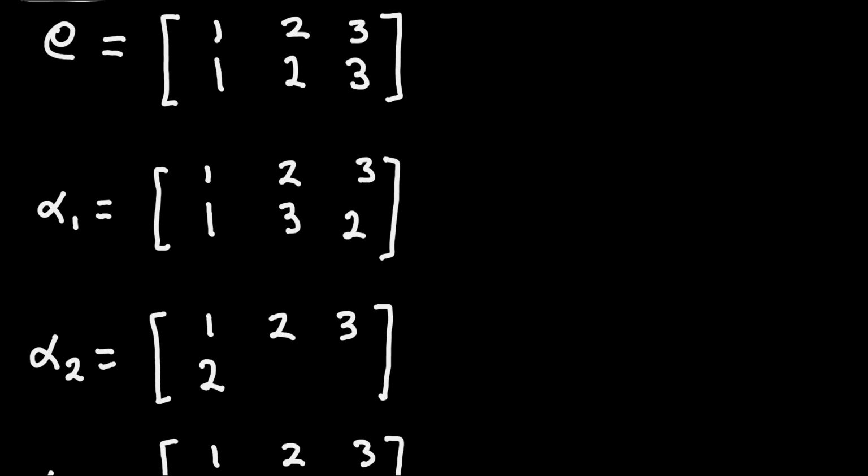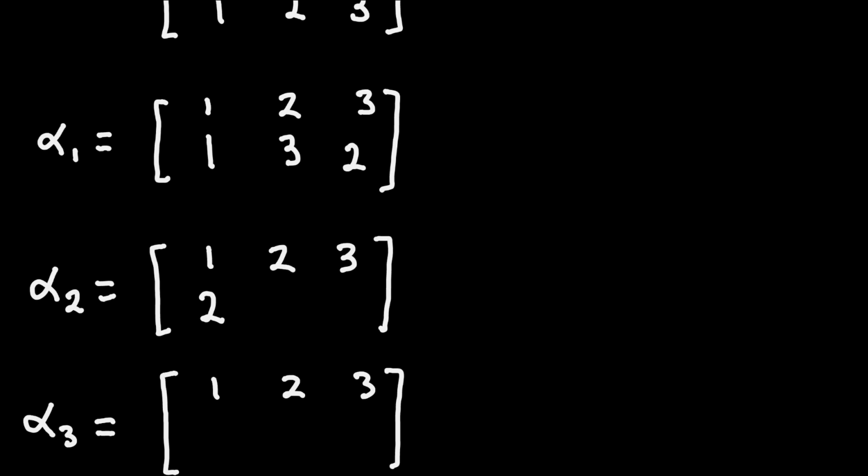So the only numbers that I can put in these two positions are 1 and 3. So we can make one choice here, for example 1 and 3. So for this particular element of the permutation, 1 goes to 2, 2 goes to 1, and 3 goes to 3.